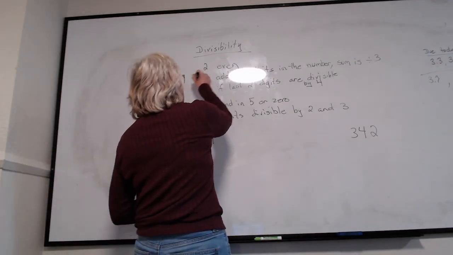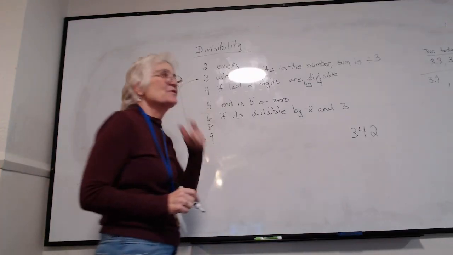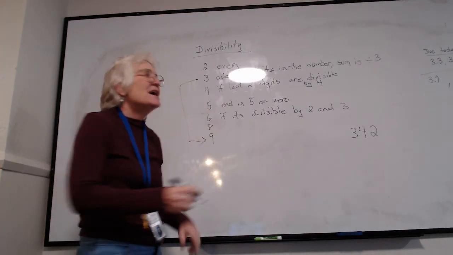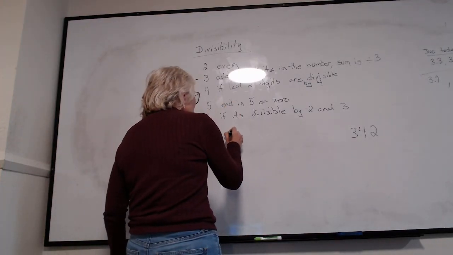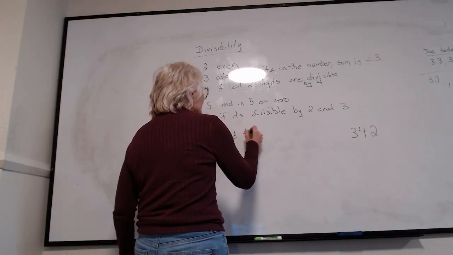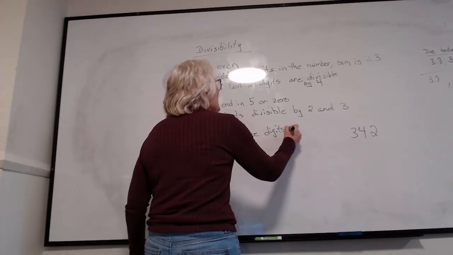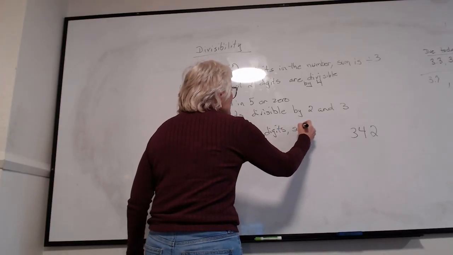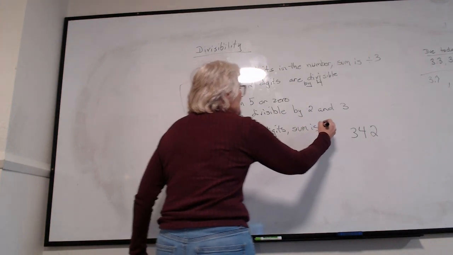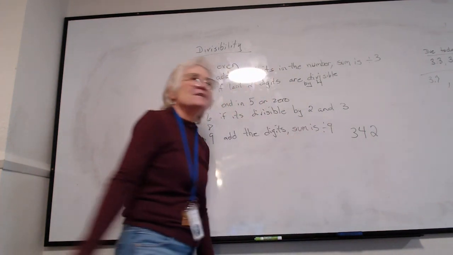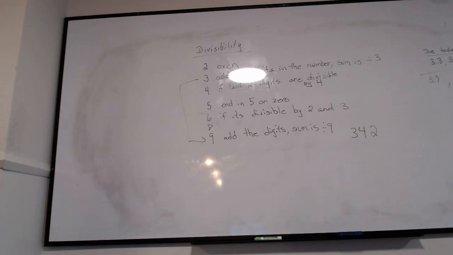It is very similar to number 3. You add the digits, and if the sum is divisible by 9, then your number is divisible by 9. So now let's try that again.